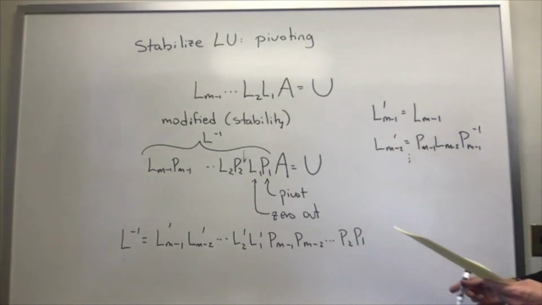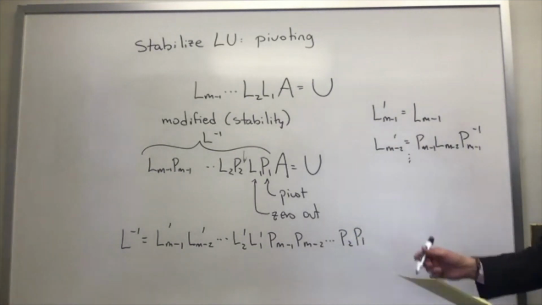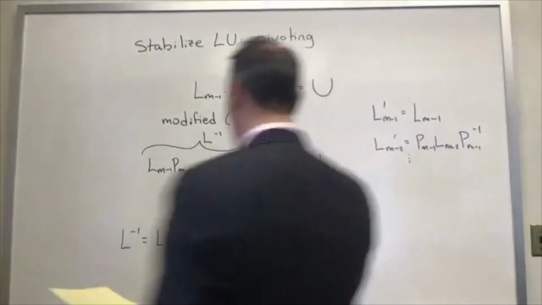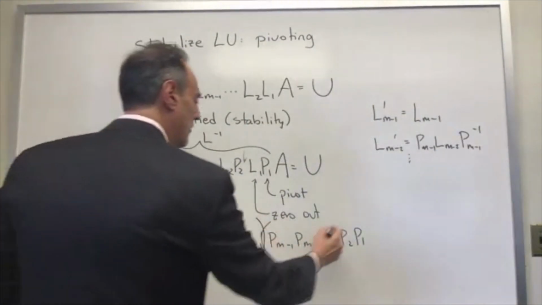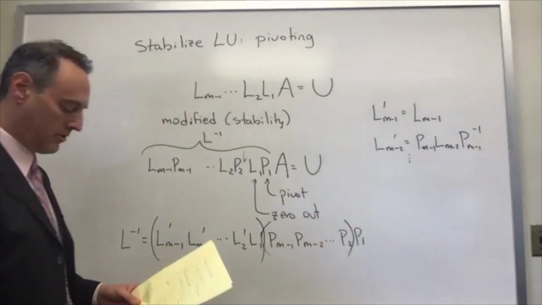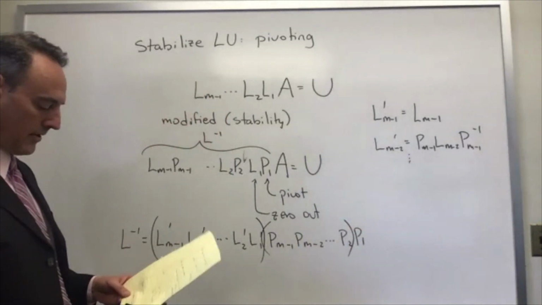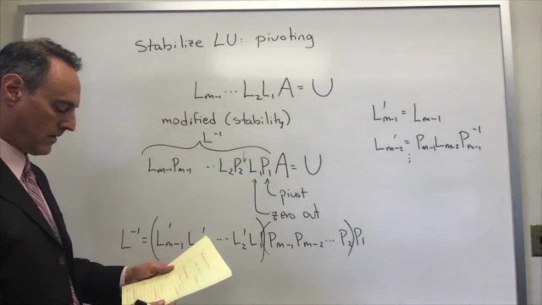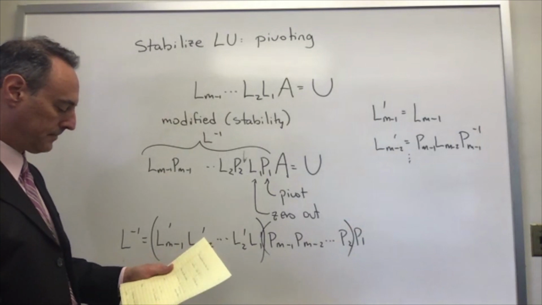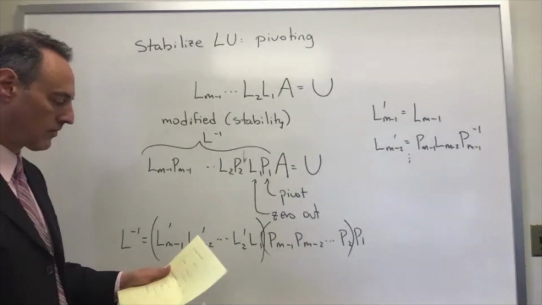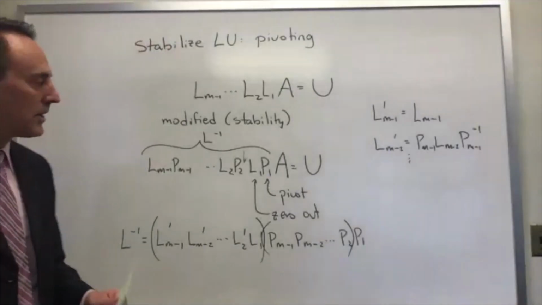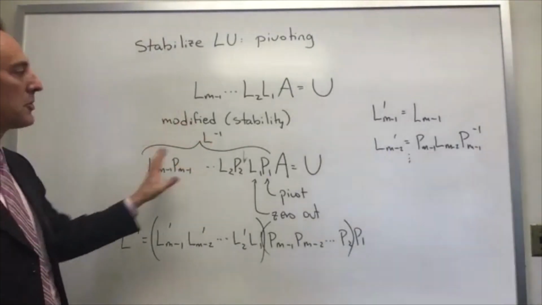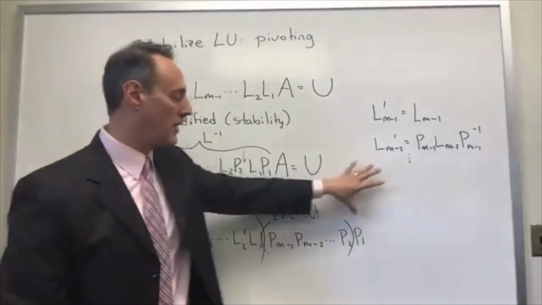All right. So this is nice because then what you have is this set of L's, this set of permutation matrices all together. So this is some linear algebra tricks to compute all this.